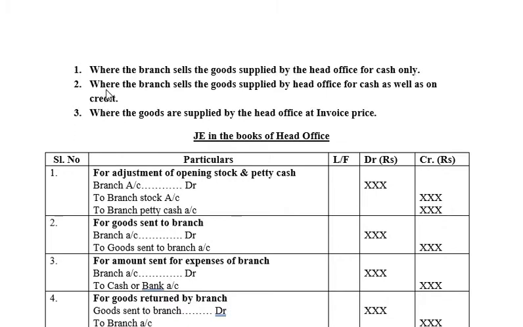Today we'll be dealing with the second one, where the branch sells the goods supplied by head office for cash as well as on credit. These were the journal entries for the first one. So let's begin with it.